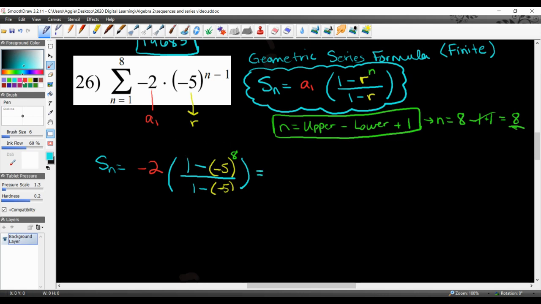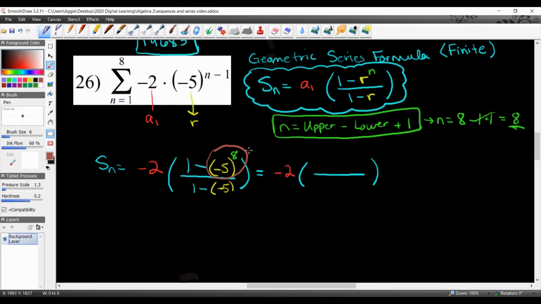We have -2. That one stays out there. Times this huge fraction. In this fraction, we can work with the top and with the bottom. I'm going to calculate this part first because I see that there's an exponent and I should figure out what that is.